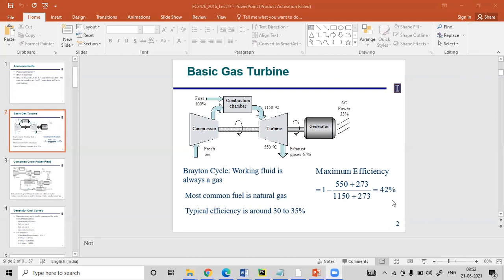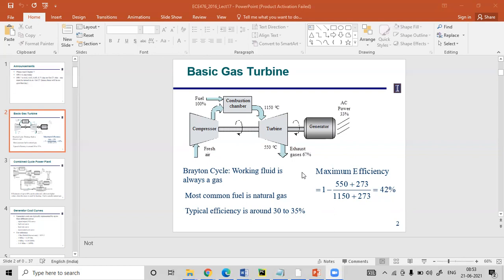With this formula, we get the maximum efficiency of the generator, which is 42%, right? Typical efficiency of the generator is around 30 to 35%, right? This 42% is the efficiency of the turbine, right? I hope this is clear to everyone.